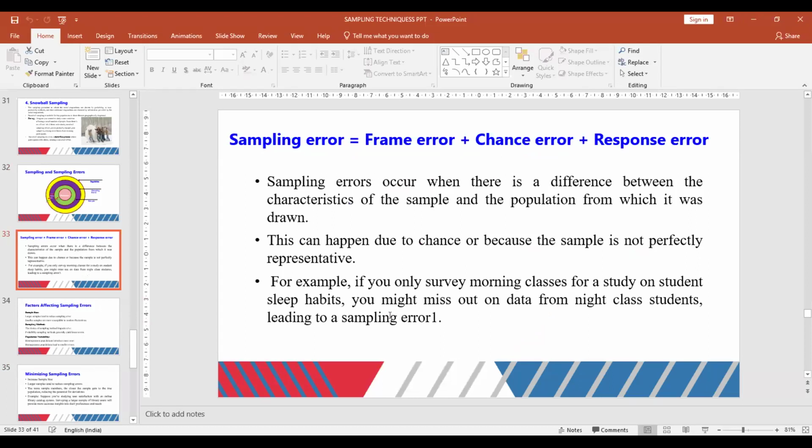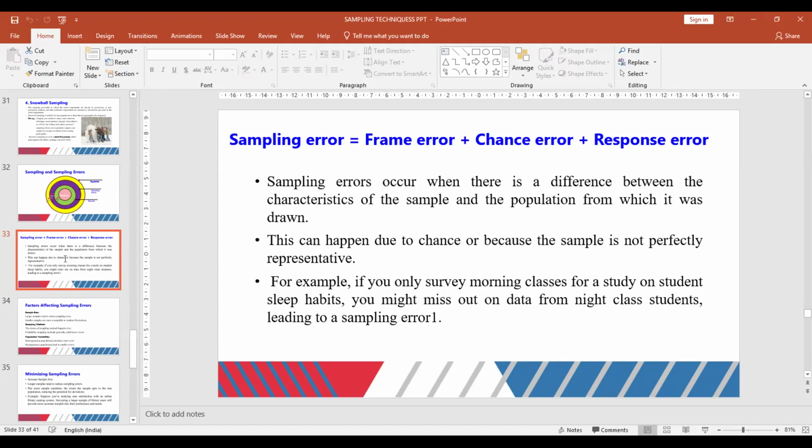If you select the sampling wrongly, your frame, your chance, your response may also have error. A sampling error occurs when there is a difference between the characteristics of the sample and the population from which it is drawn. This can happen due to chance because the sample is not a perfect representation.